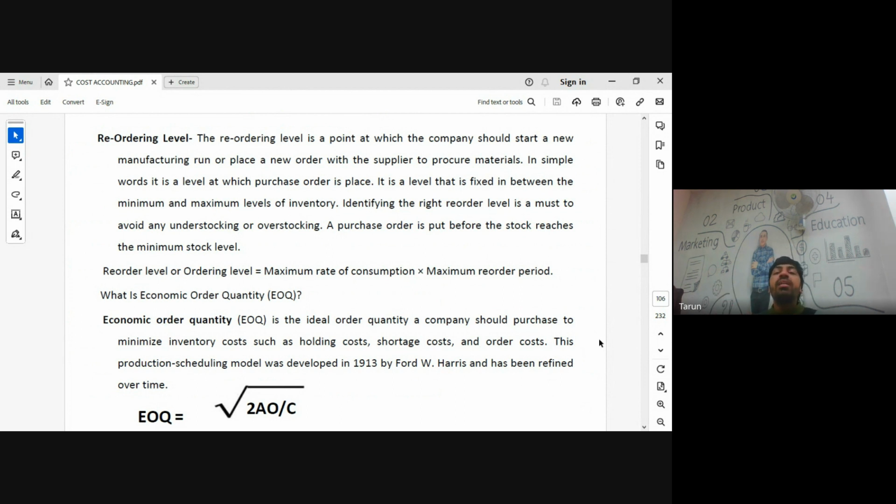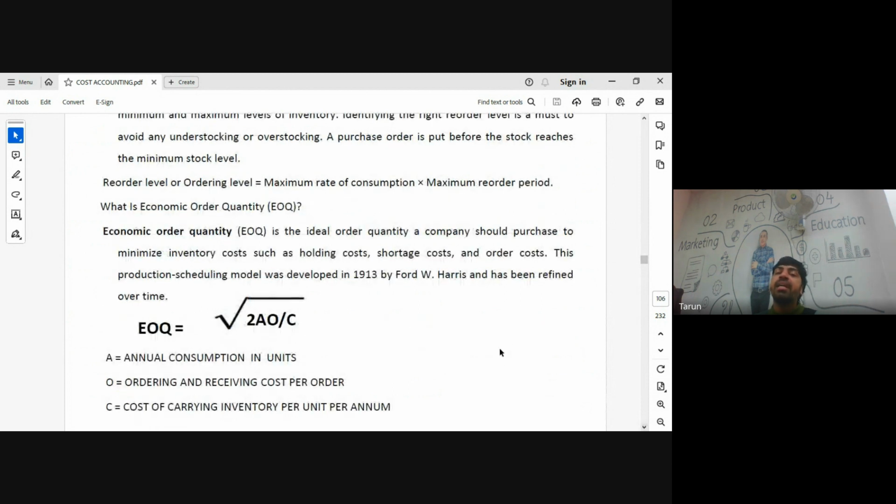The next most important topic under this main topic is economic order quantity. A practical question will definitely be asked for 5 marks, or a multiple choice question carrying 4, 3, or 2 marks, and the theoretical question is also important.